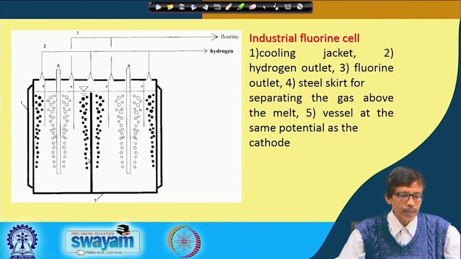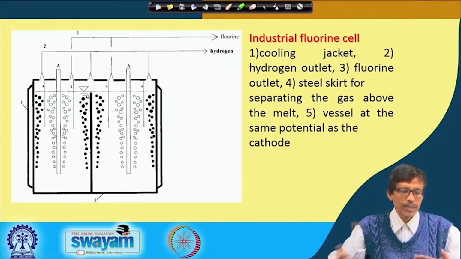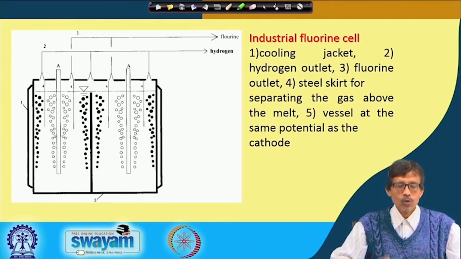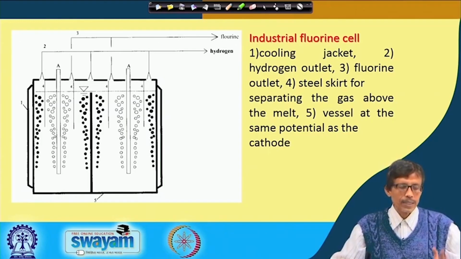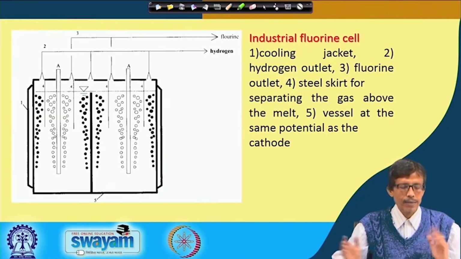So, these bubbles are coming out, and when they accumulate, these bubbles or gases have to leave the melt. When they go up, these steel skirts hanging from the top form the vacant space where the gases are stored. So, they are not getting contaminated if they are separated nicely.